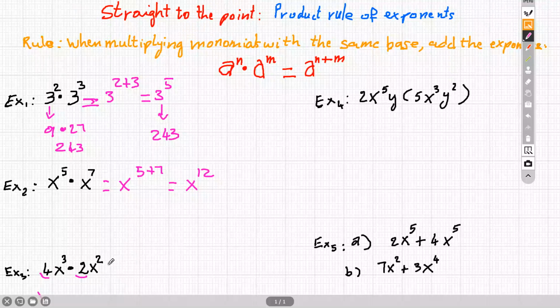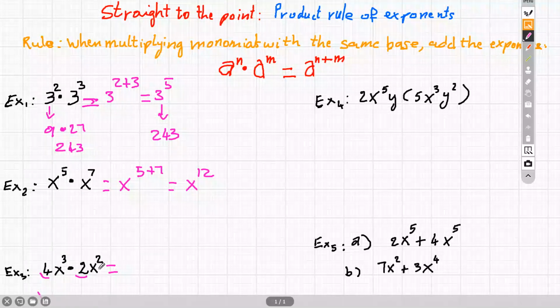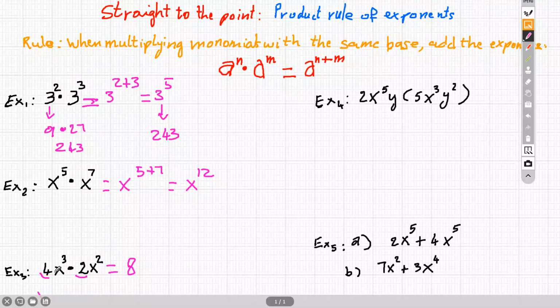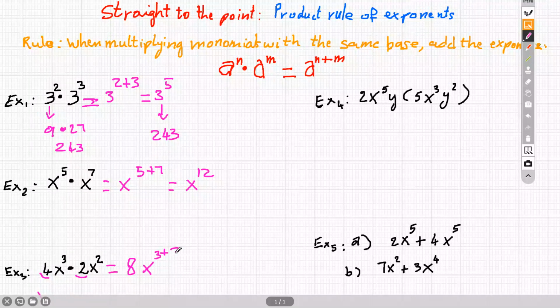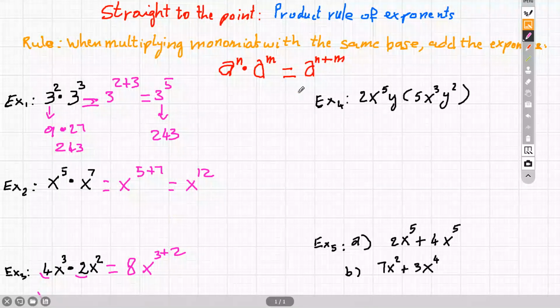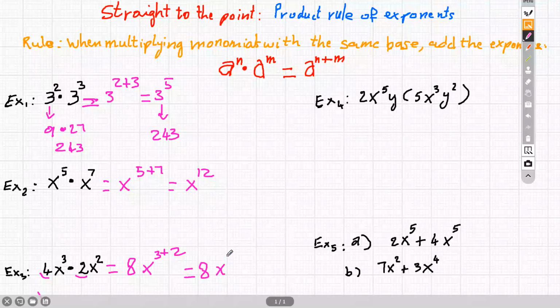So 4 times 2, that's 8. And now you can apply the rule on the variables. So x cubed times x squared is simply x to the power 3 plus 2. That 3 is coming from here, and that 2 is coming from here. Just applying the rule. So that would give us 8x to the 5th power.